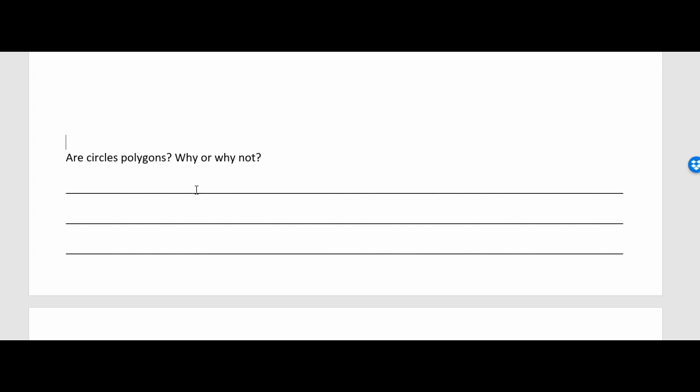Okay, so if we think about the definition of a polygon, a polygon is a closed figure made up of segments. The problem with circles is that they're made up of curves rather than segments.